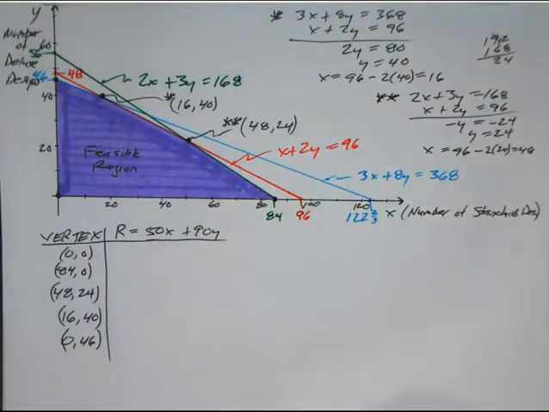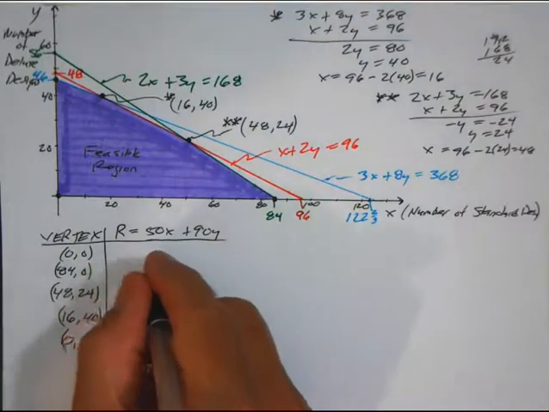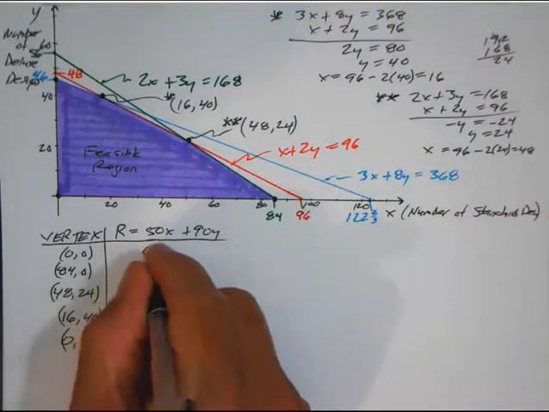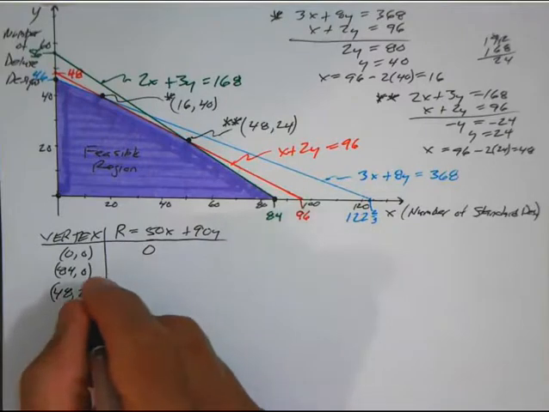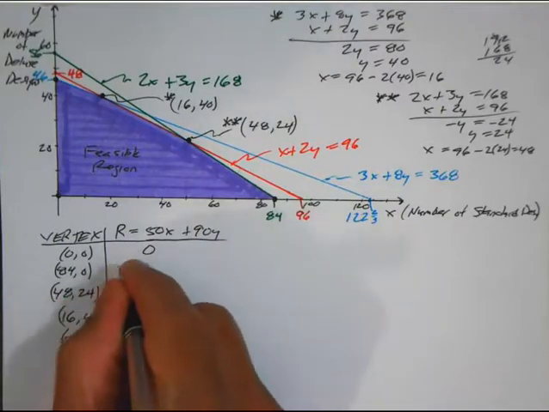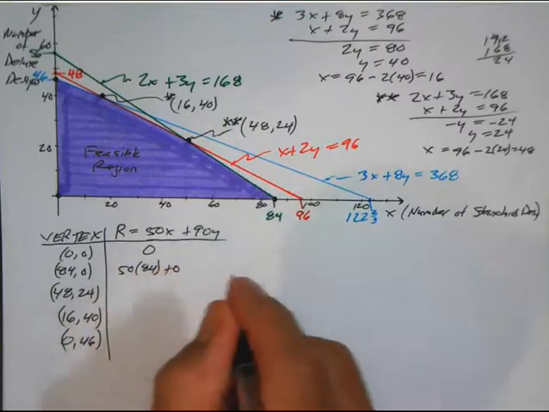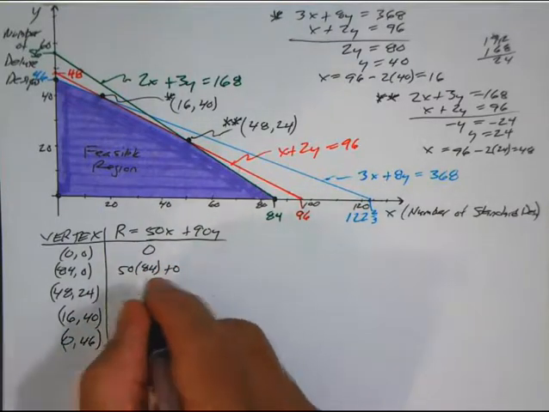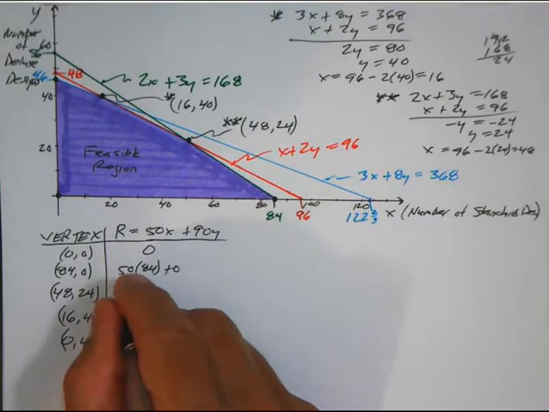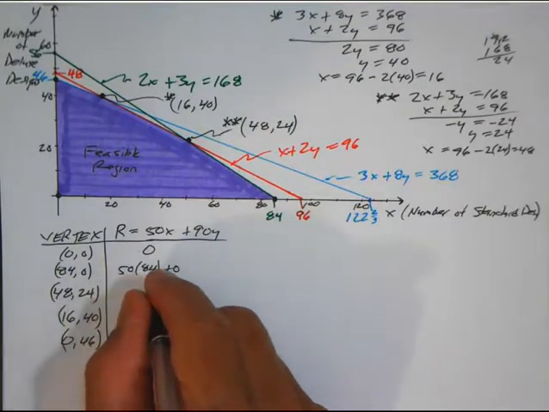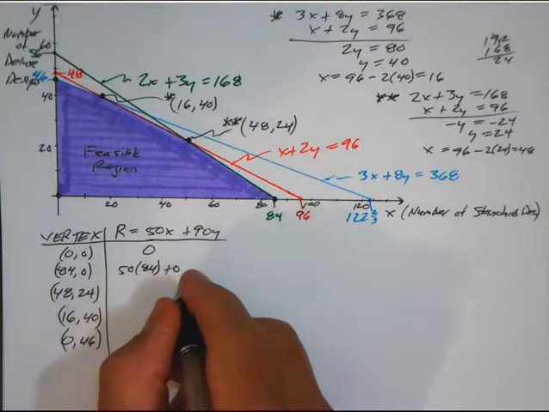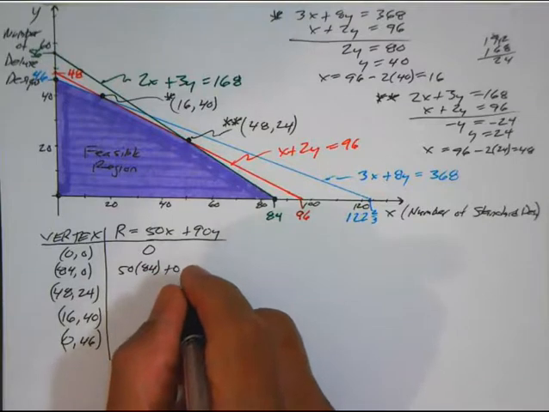Let's see, first here, this is an easy one, 0 plus 0, 0. Okay, second one, we get here 50 by 84 plus 0 times 90, and to do this, you can just do 100 by 84 and divide it by 2. So that would be 8400 divided by 2, 4200.